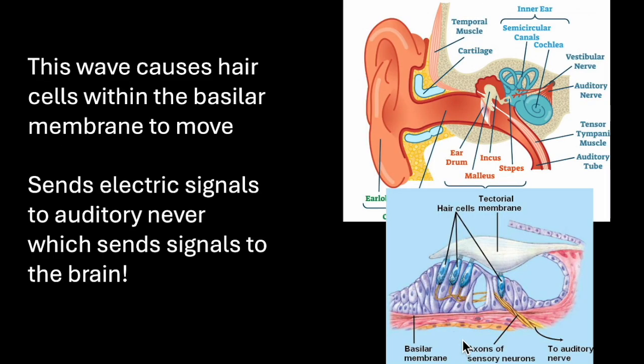And these waves help trigger small motions in hair cells found within the basilar membrane. You can see the hair cells here. When these move up and down, they send electric signals to the auditory nerve, which is connected to the inner ear here, connected to the cochlea, and this directly sends those electric impulses to the brain.